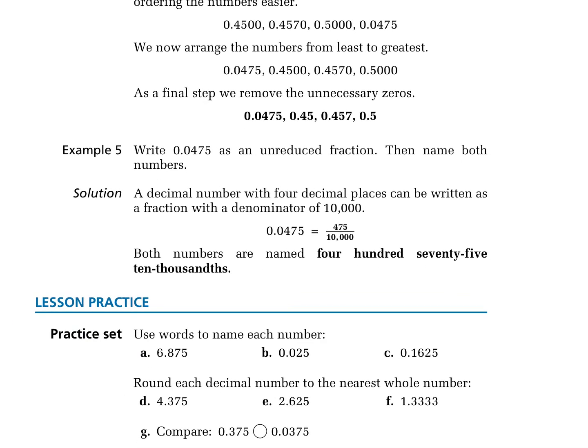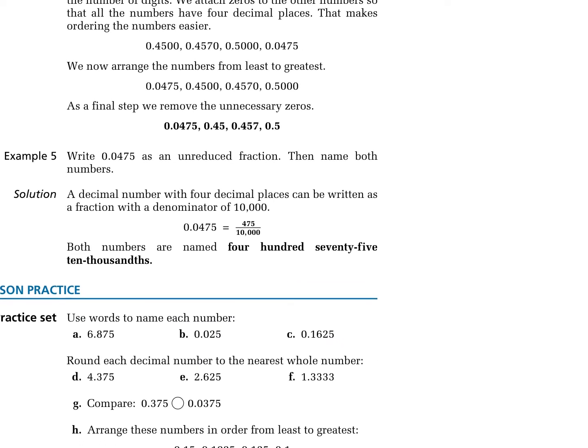Alright, in example 5, write 475 and 10 thousandths as a reduced fraction, then name both the numbers. So it is in the 10 thousandths place. So you notice that the word we say is 10 thousandths, so our denominator is going to be 10,000, because that's what place it's in.